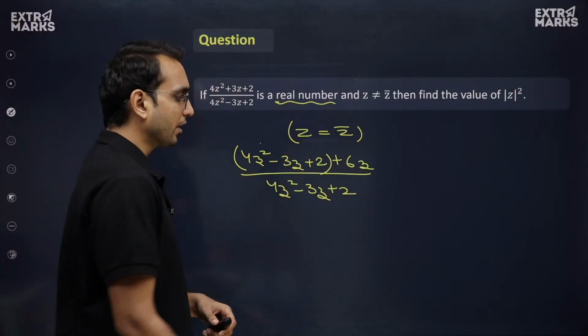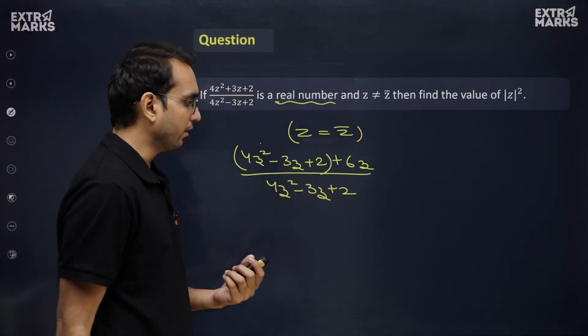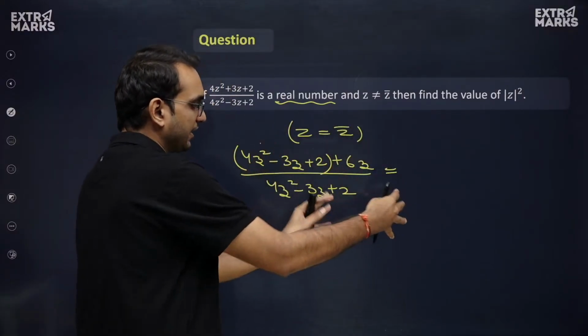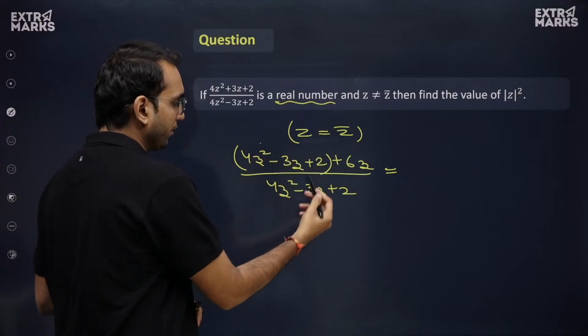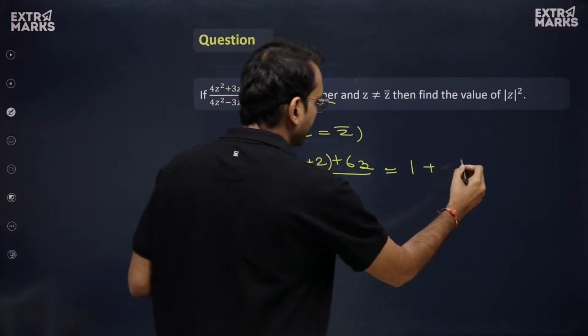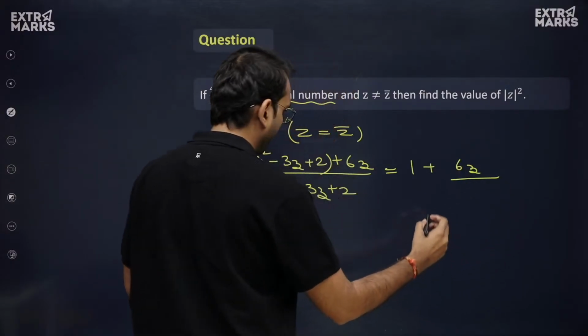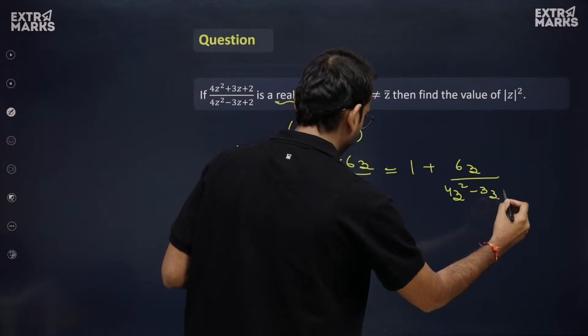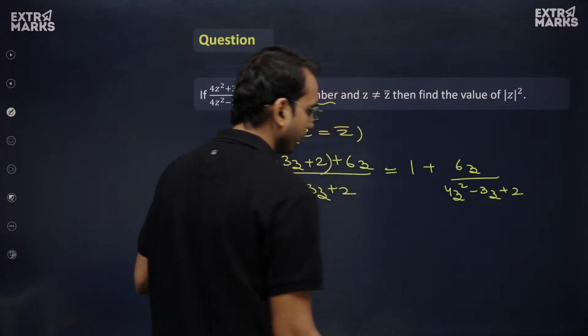What we have done is minus 3z and plus 3z. Now we can split this expression. This upon this will become 1, which is a purely real number, plus 6z upon again the same expression, that is 4z square minus 3z plus 2, right?